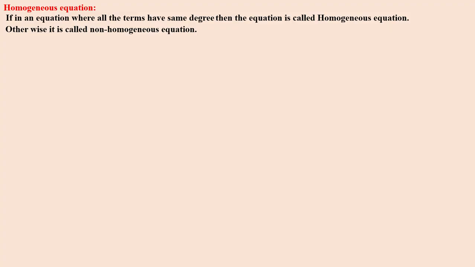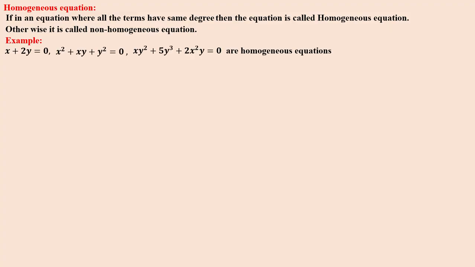So x cube plus 2xyz plus y cube plus 2x square z plus 2y square z, like that you can take. All are homogeneous. Otherwise it is non-homogeneous. x plus 2y equal to 0, x square plus xy plus y square equal to 0. So these are all homogeneous equations, right?